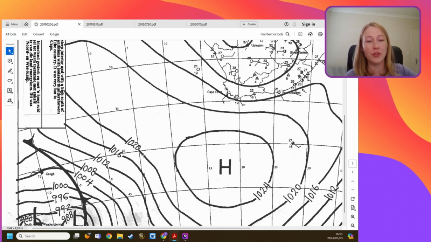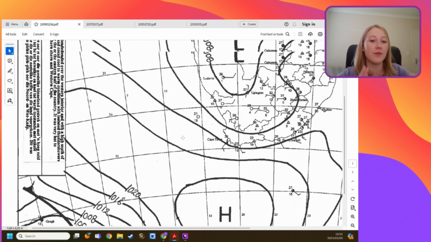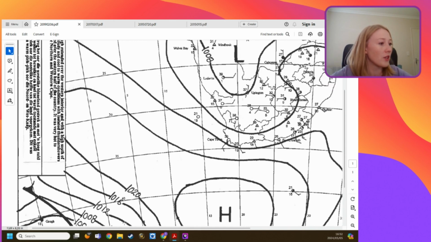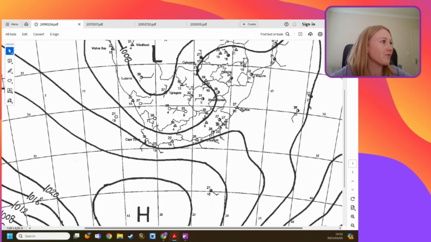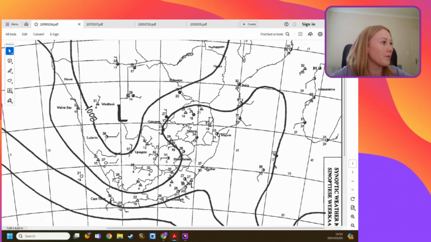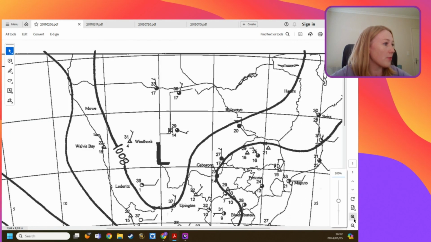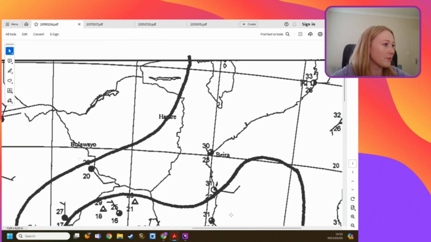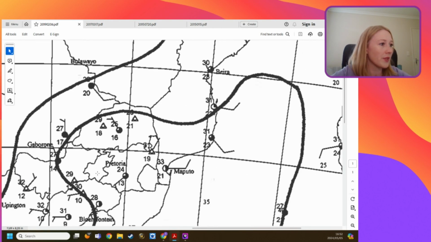When I ask my students to give me the pressure at a specific point, say I gave them Pretoria on the map and asked them for all kinds of weather conditions, including pressure, what they would be expected to do is look at which isobars it is between.